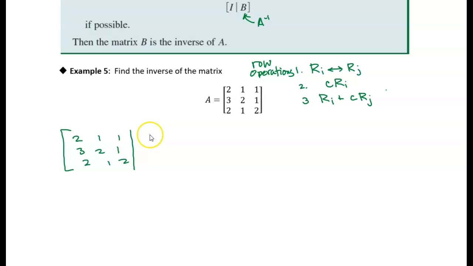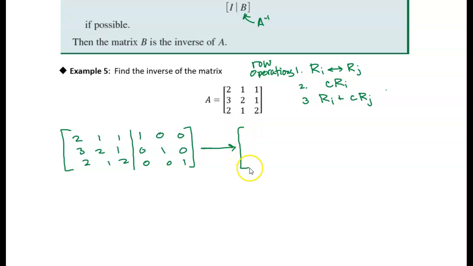This is a 3 by 3 matrix, so we augment the 3 by 3 identity matrix: 1, 0, 0, 0, 1, 0, 0, 0, 1. The identity matrix just has 1s along the diagonal and 0s everywhere else. Our goal is to get the identity matrix on the left and a new matrix on the right. So we're just going to perform row operations to get there.